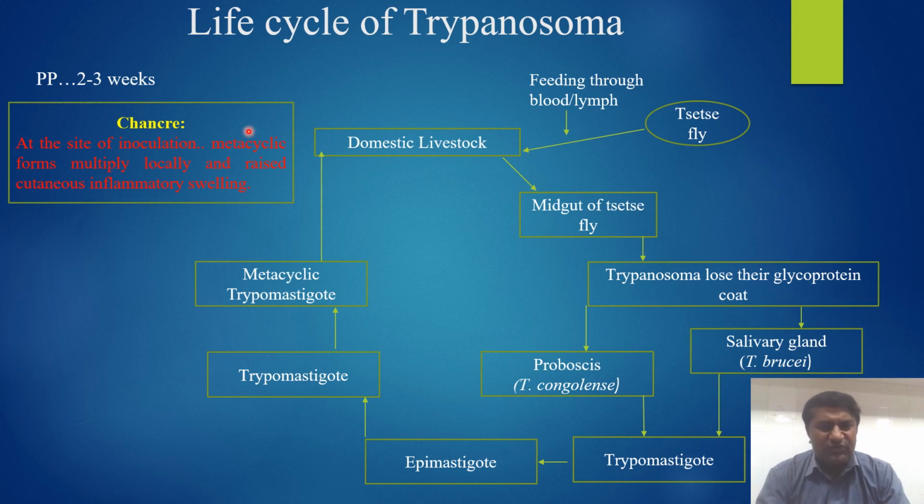So this is the one term, the canker: at the site of inoculation the metacyclic form multiplies locally and raises a cutaneous inflammatory swelling. This swelling is called the canker.